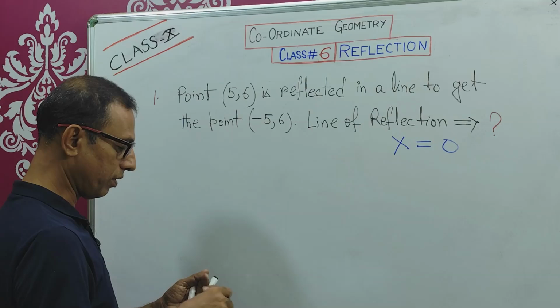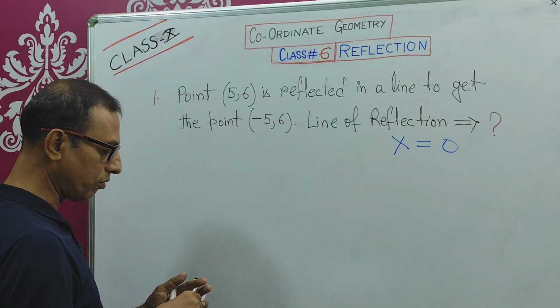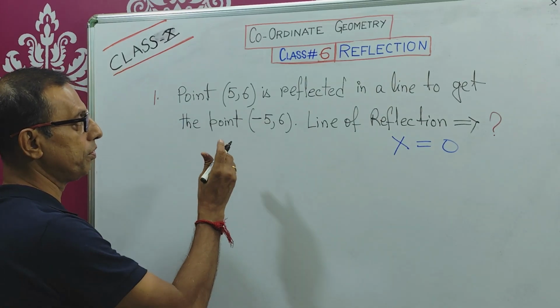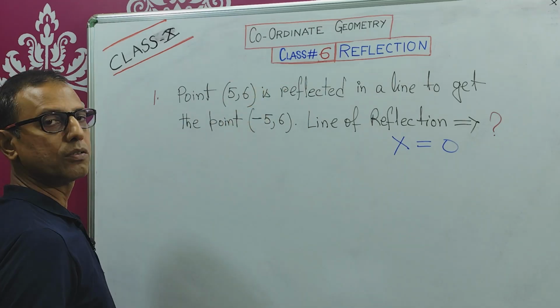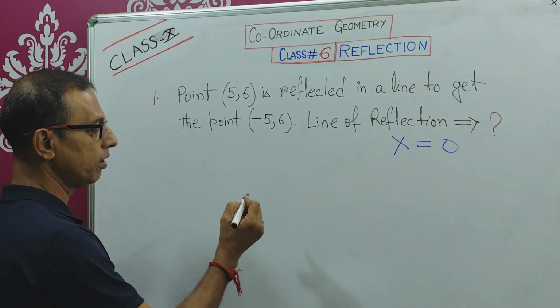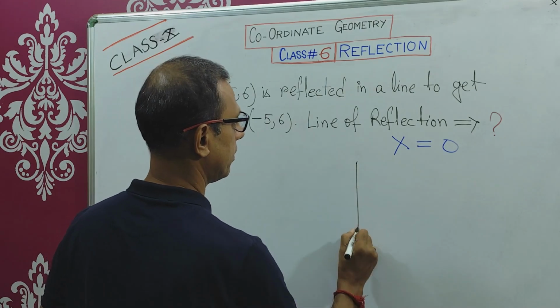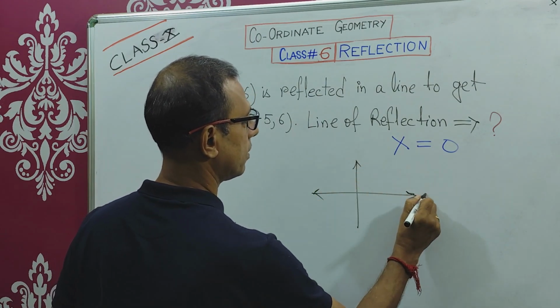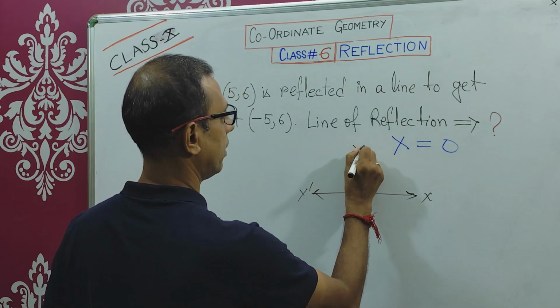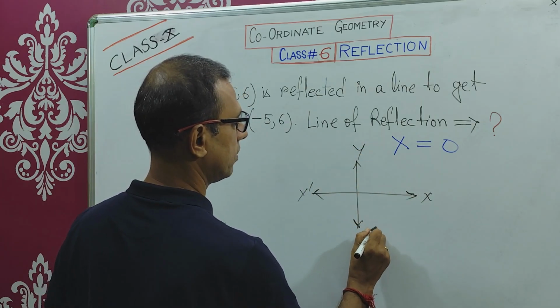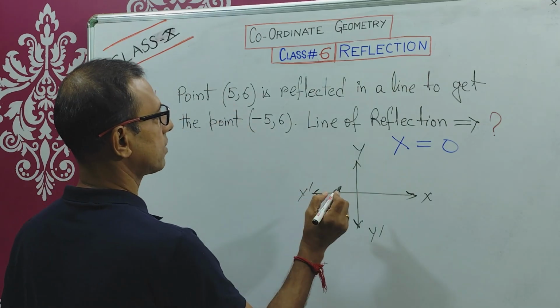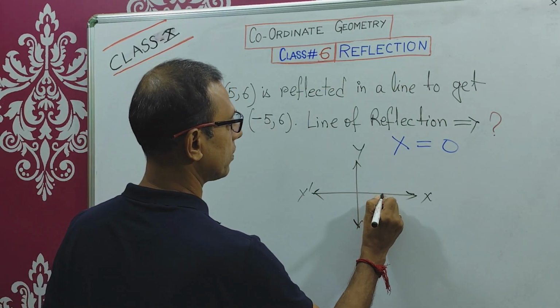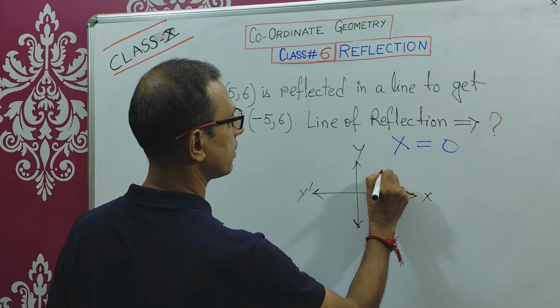Now, since you are learning, it is a bit difficult to do everything without pen and paper. So let's say this is the x and y axis. (5,6) means first quadrant.